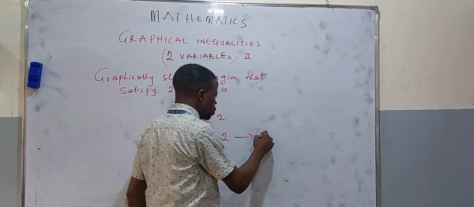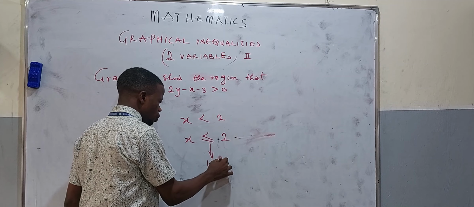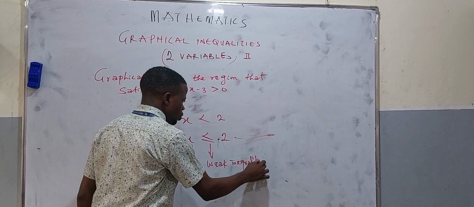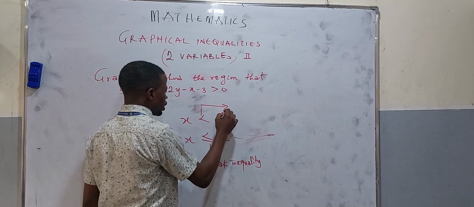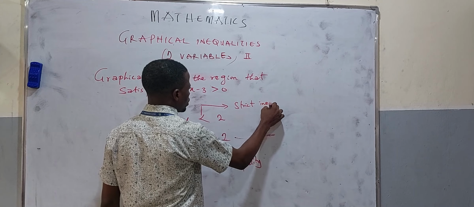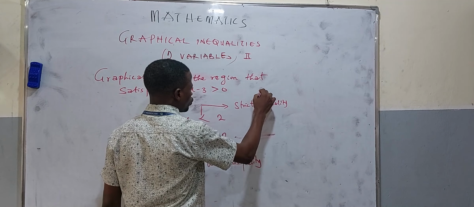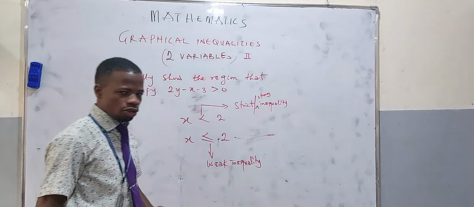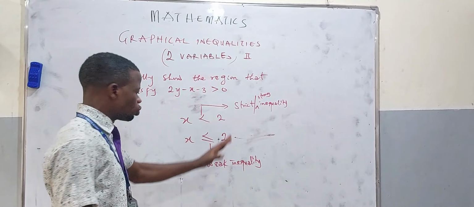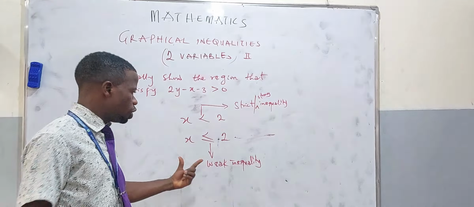So this is a weak inequality, while this is a strict inequality. You either call it strict or strong inequality. It is specific: x is strictly less than 2. This one, x is less than or equal to 2.